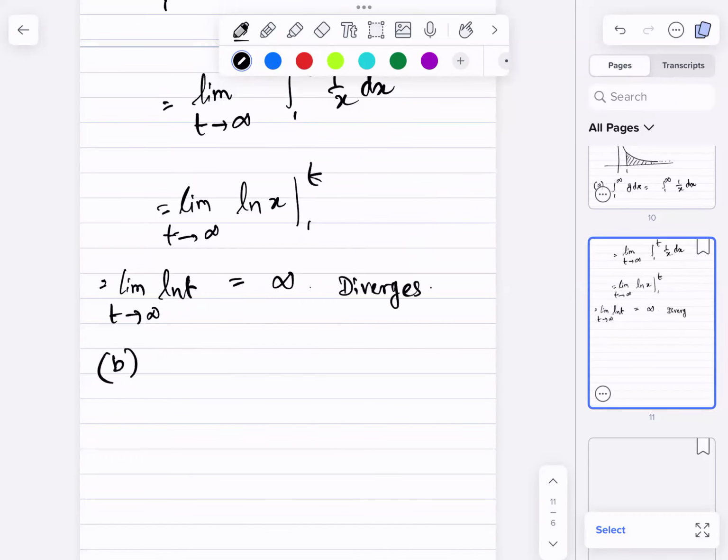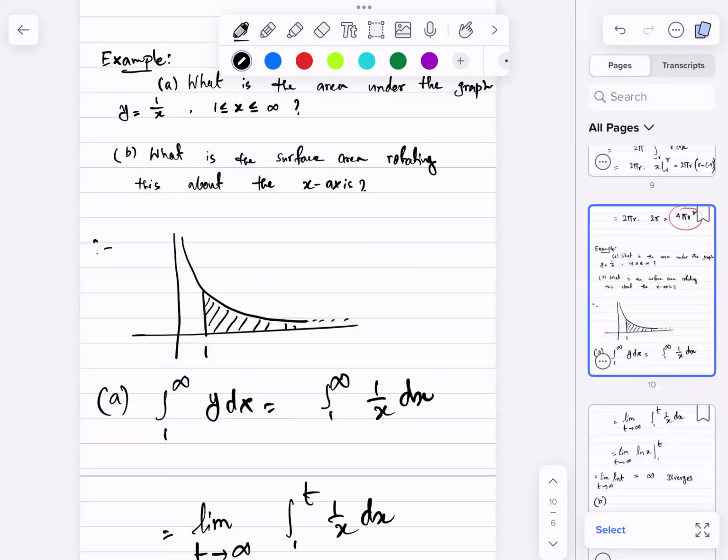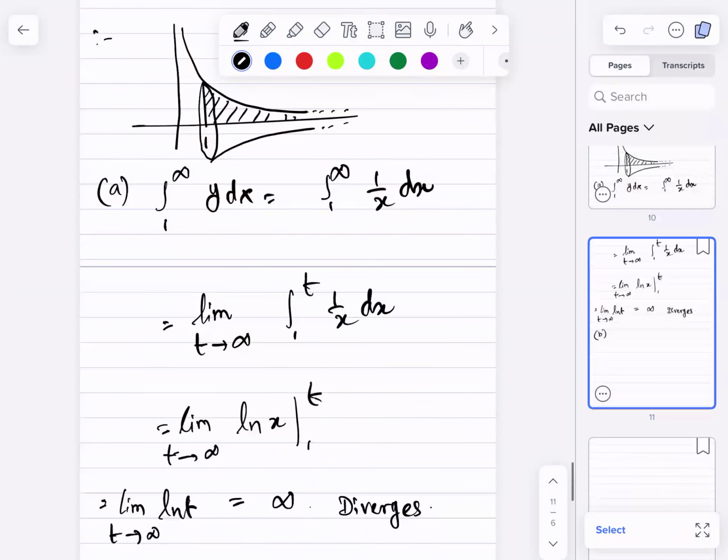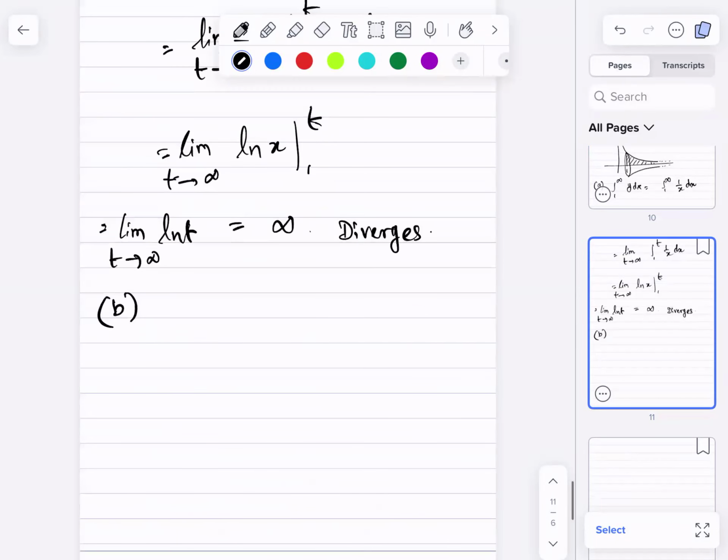For B, I had to rotate the curve around the x-axis. If I rotate, the graph will be like this. I had to evaluate the surface area of this kind of bell-shaped region. The formula for that is 2 pi r ds.